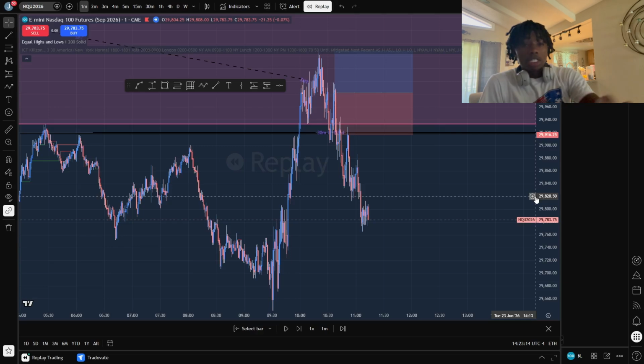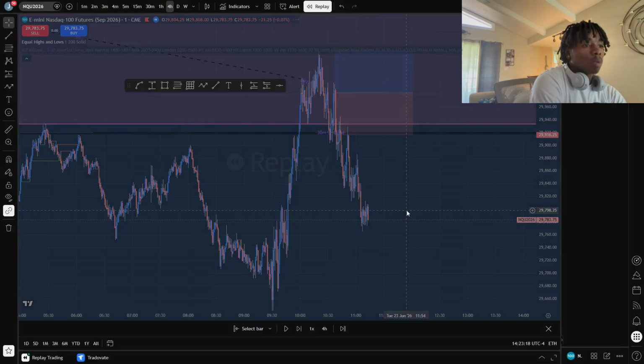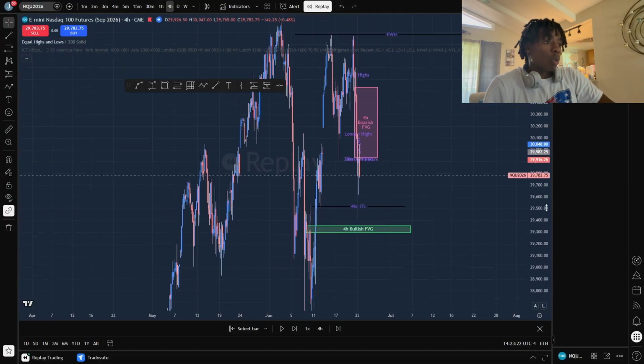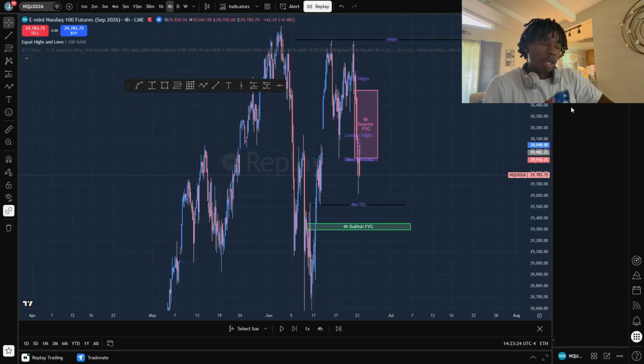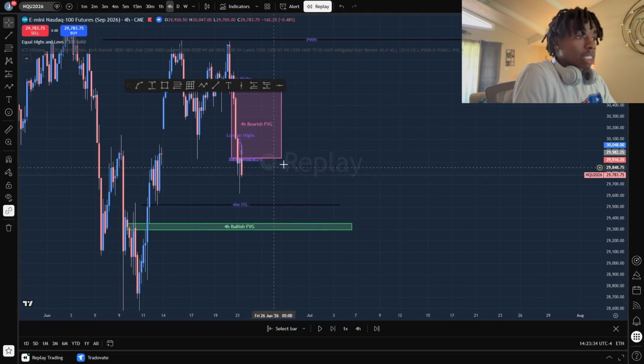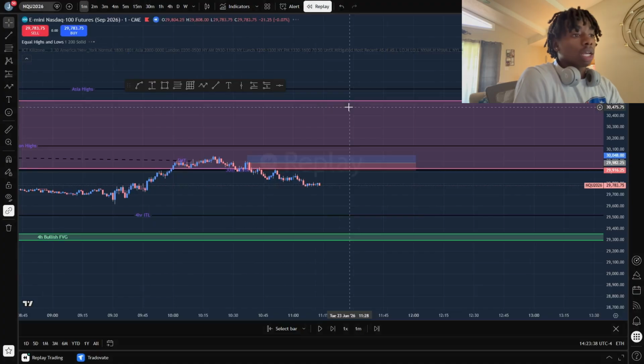What to learn from this loss? Overall market structure, we're very bearish. So if you're gonna take a trade where it's IRL converting to LRL, you want it to be a sell model because we're clearly bearish, and you're taking a long.